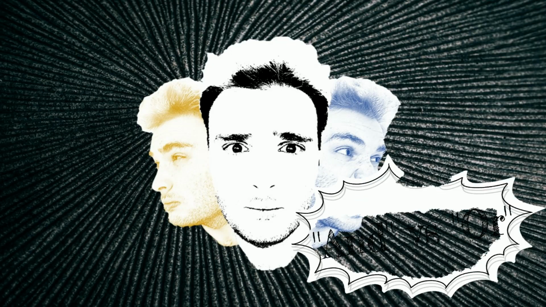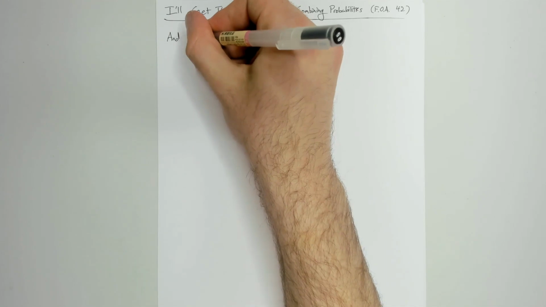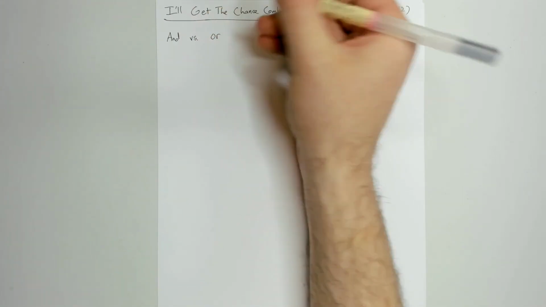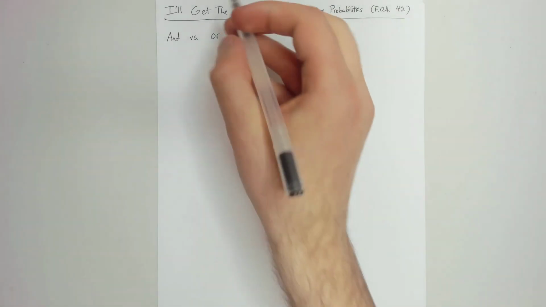Before we get into the details, I want to quickly talk about what it means to have and versus or, just to clarify. It might seem like a silly idea at first, like, oh well, and or, I use them all the time in English, why do I need to define them? But it's important that we're all on the same page when it comes to these two things.